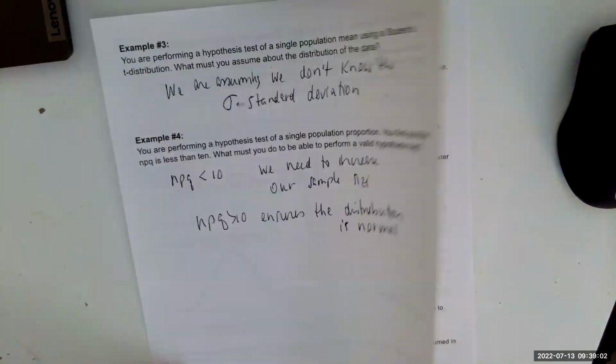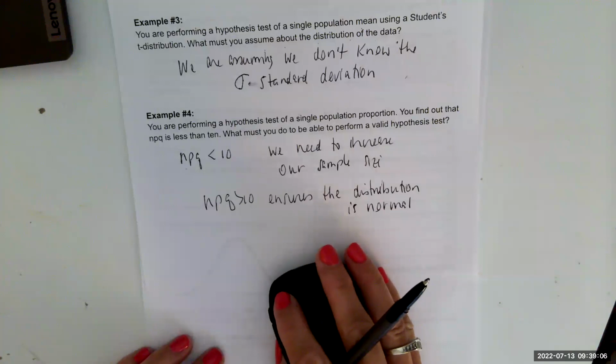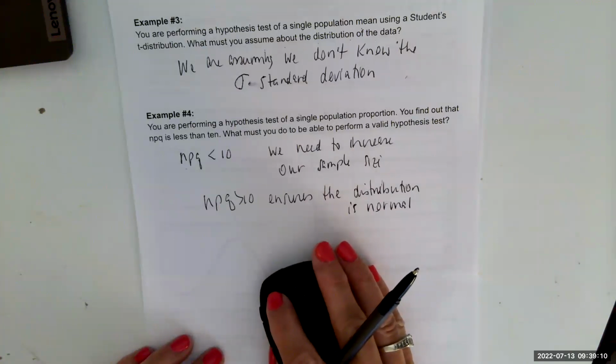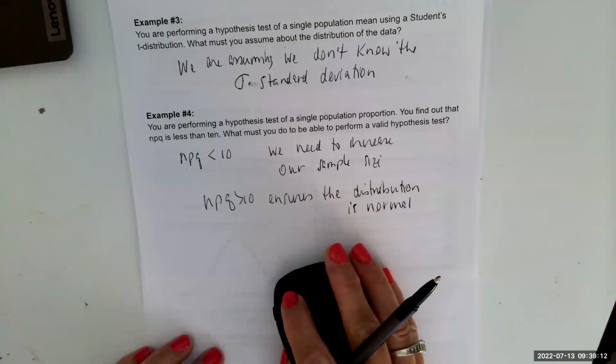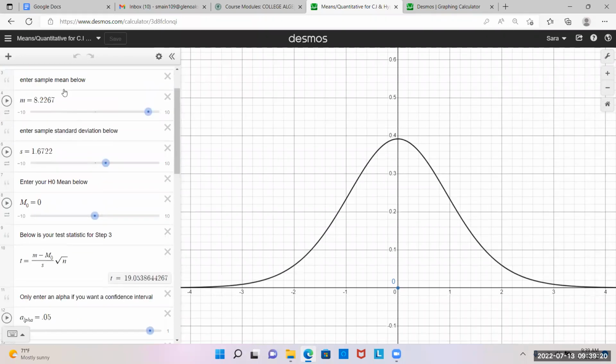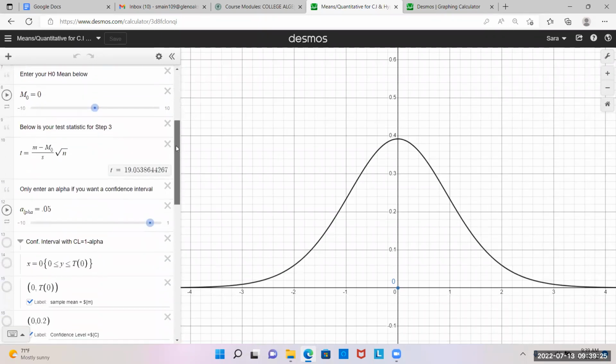Okay. So as we move along, you're going to want to make sure that you have your Desmos open because in Desmos, the links in Canvas, there's going to be the computer program in Desmos that is for means and quantitative data. And it's the one where we put in for the confidence interval.